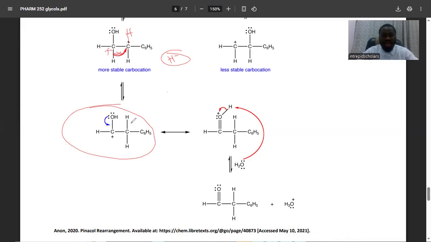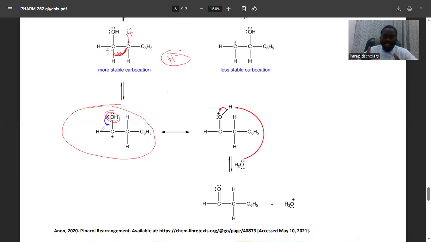Now, the reason why we move from the carbocation to the oxocarbenium ion is because this OH group, the oxygen there, has lone pairs, and the oxygen can use the lone pairs to stabilize the positive charge to form a resonance structure.